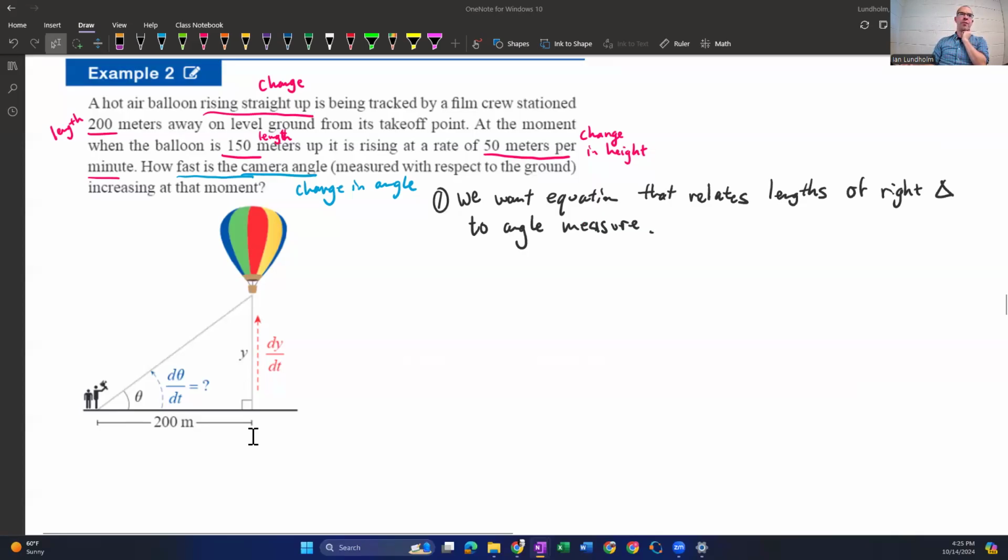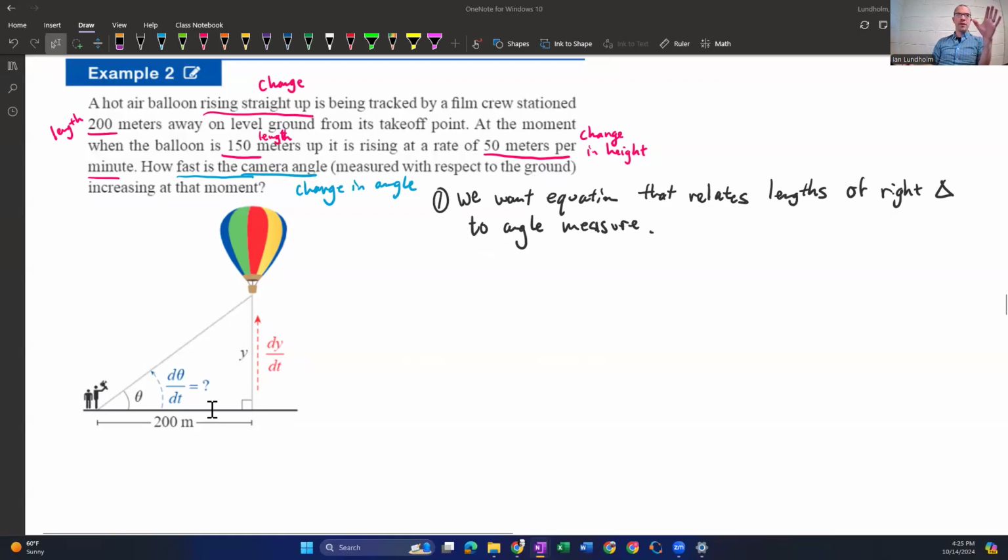We've also got this height, and we could call that y because that's a change in vertical distance. We could label the change in that variable as dy dt. We could label this angle where the camera crew is standing as theta, and then the rate of change of that angle as d theta dt.